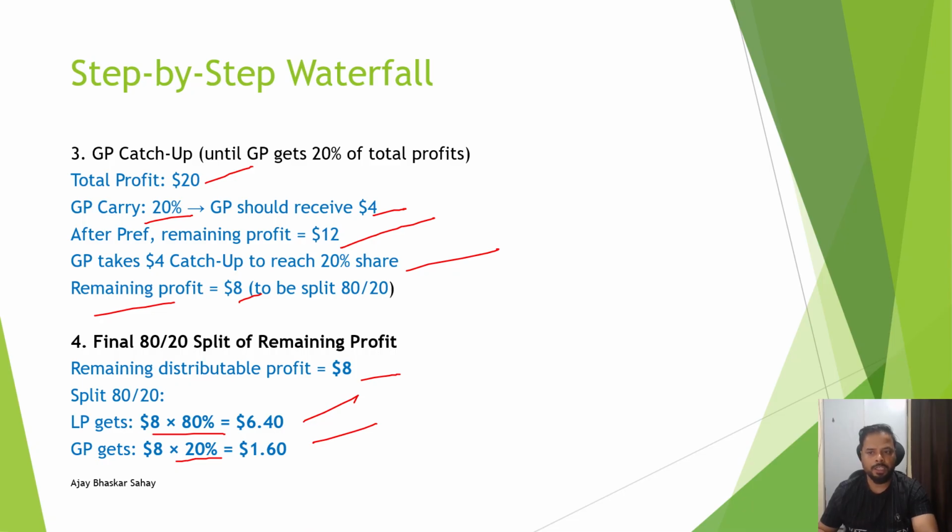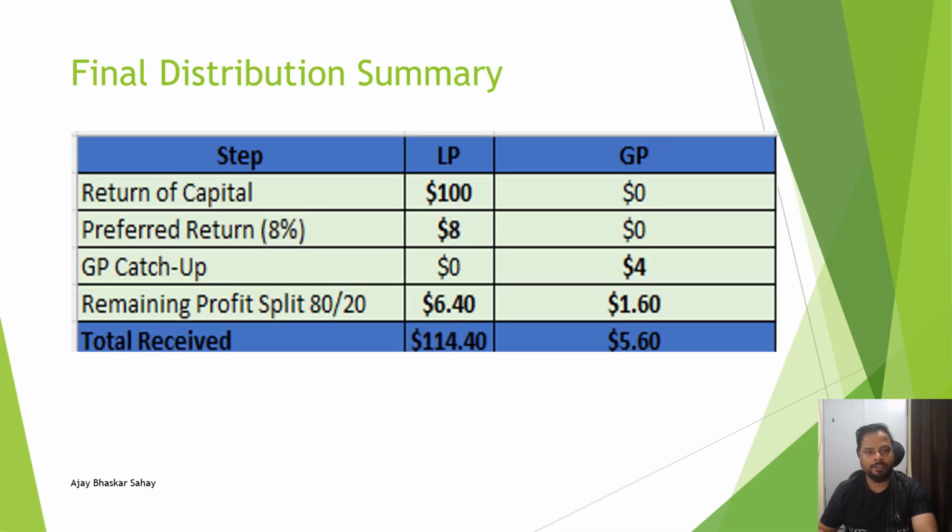Now we will look at the summary of how we have calculated the entire LP and GP distribution, to see whether our reconciliation is correct or not. Moving to the final distribution summary: the initial return on capital for the LP was $100 and for the GP was $0. The preferred return we calculated was 8 for the LP, and for the GP nothing. The GP catch up for the LP was 0, but for the GP we calculated $4, and the remaining profit was split as 6.4 and 1.6.